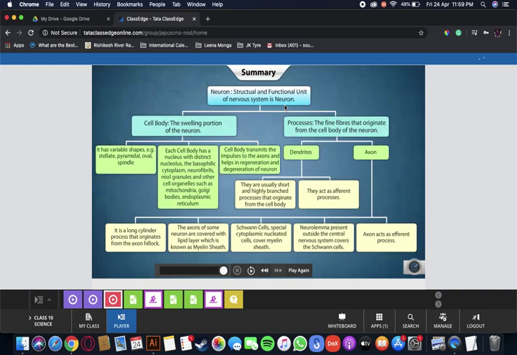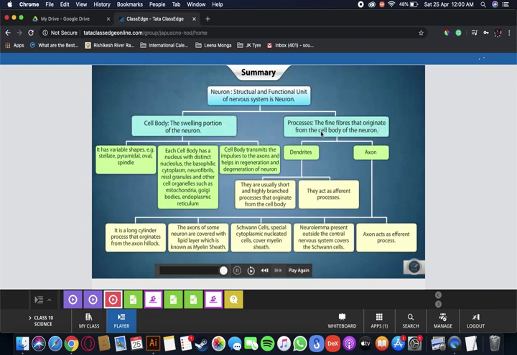Fully formed neurons never divide and remain in the interphase, meaning they do not undergo division. A neuron has two important parts. One is the cell body, the swelling portion of the neuron, which is also known as cyton.